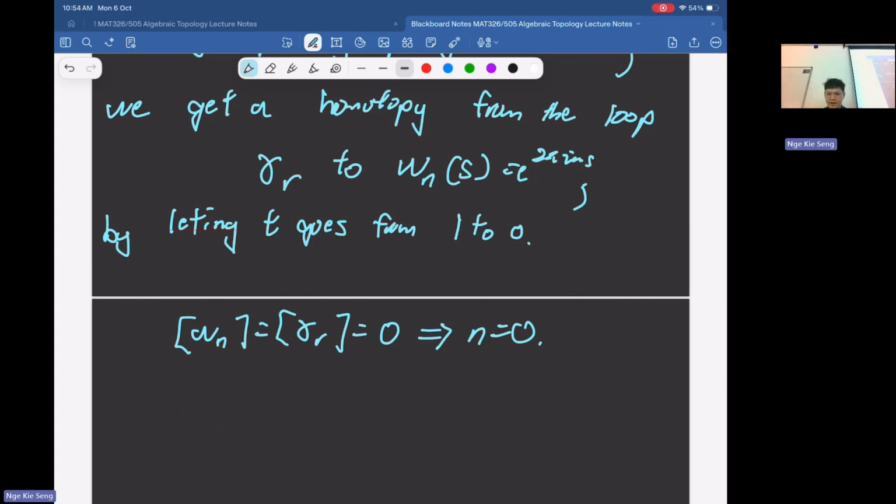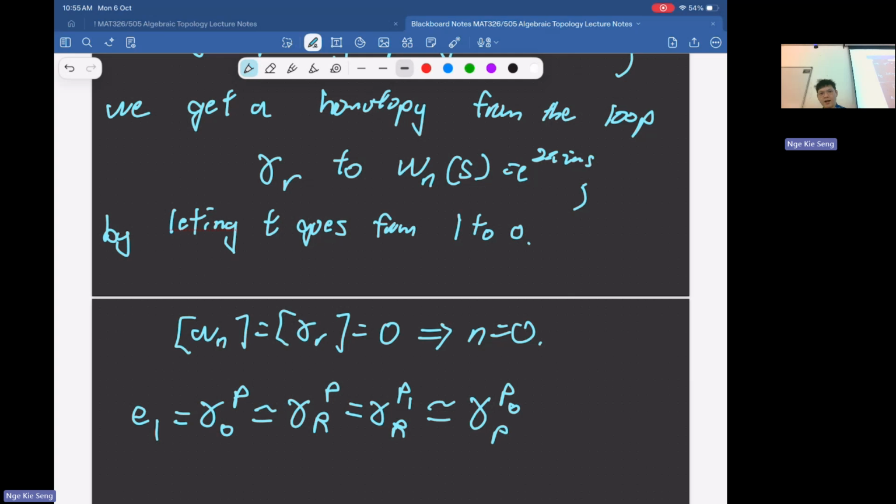In summary, we start with a static point, gamma 1, but this is just gamma 0 of p, and we showed that it is homotopic to gamma R of p, which equals gamma of p1 R. There's another homotopy, which we showed just now by varying t, to gamma of p0 R, but this is Z^n.